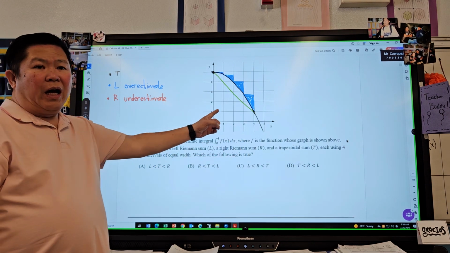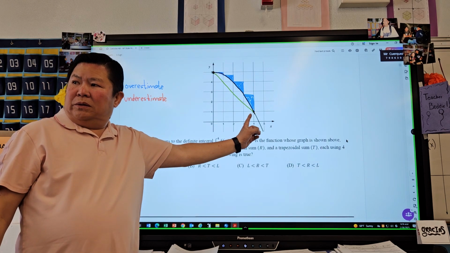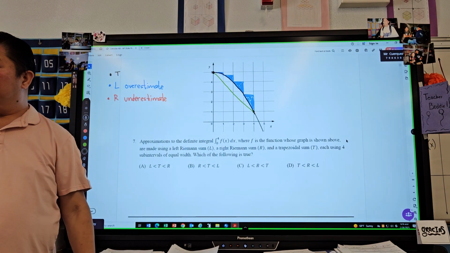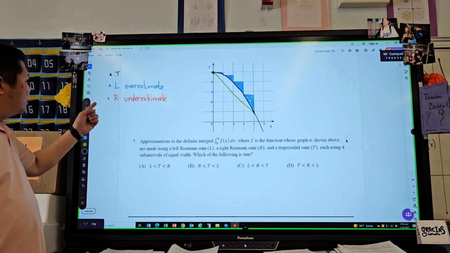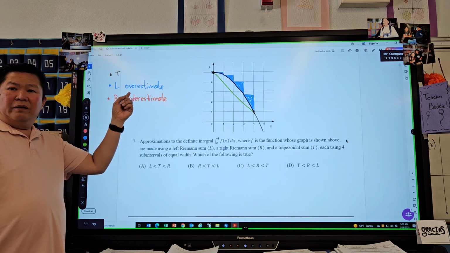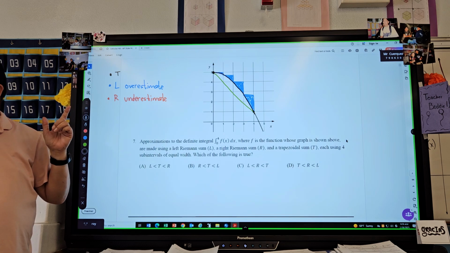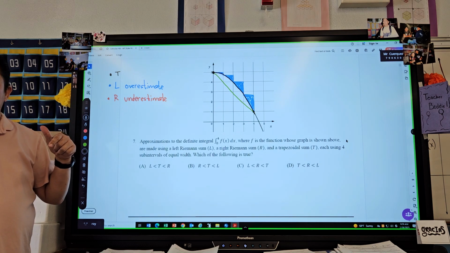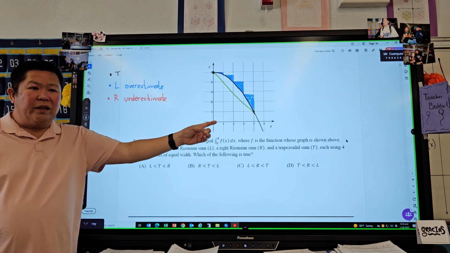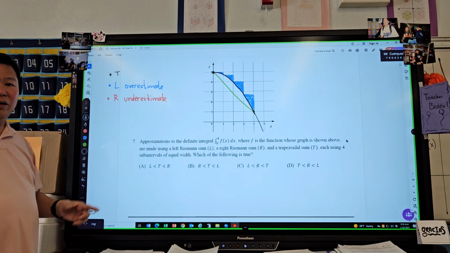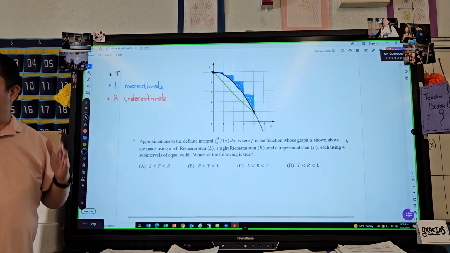So this is now left Riemann sum, the blue color, right? So what you see, is this correct? Overestimate? Yes or no? Left Riemann sum, if the function is a decreasing function. So overestimate. The blue is above the black color.